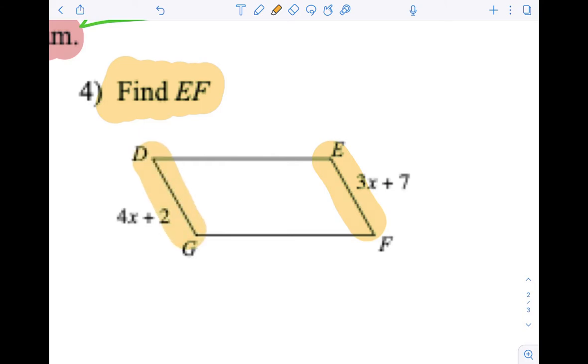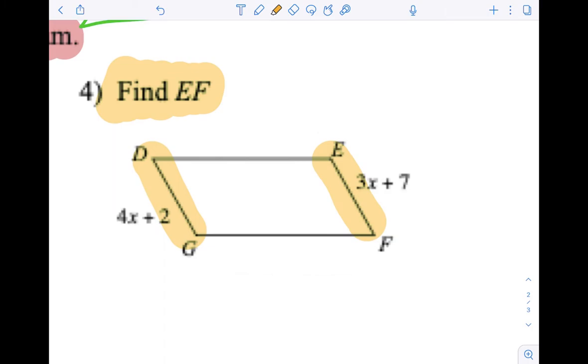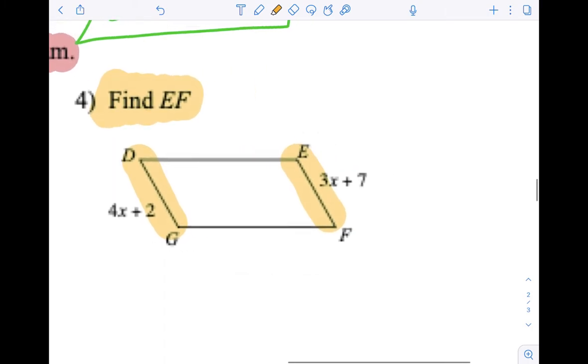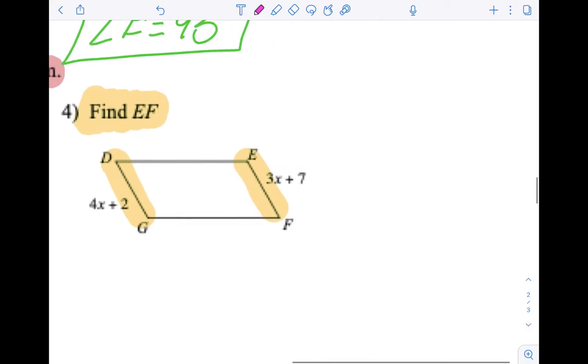These are sides. So what do the notes say about sides? This is consecutive angles, opposite angles. Opposite sides are equal in length. So these two sides, kiddos, are equal. So that means that DG is equal to EF.